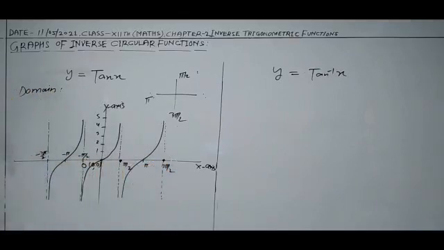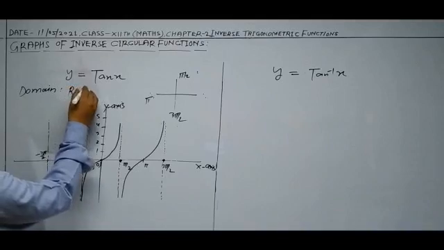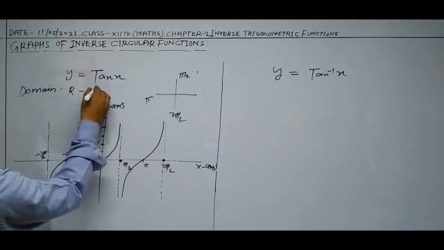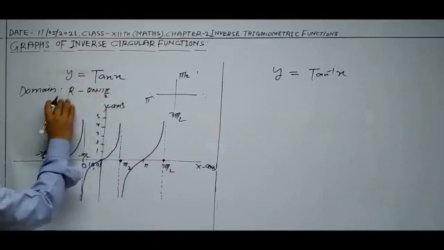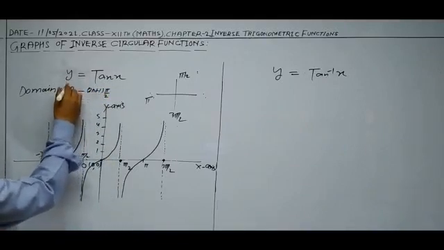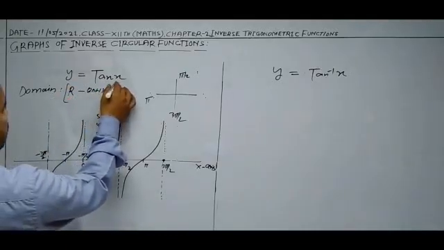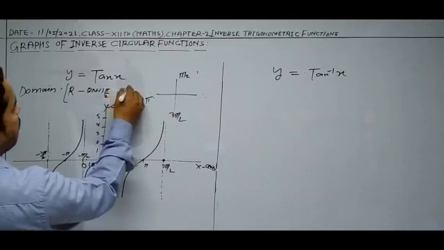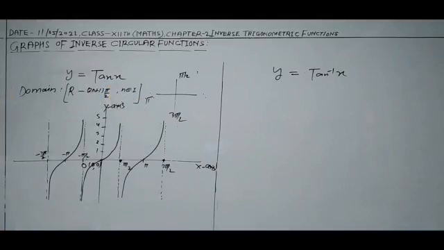So the domain is all real numbers except multiples of pi by 2, which we can formulate as all real numbers except the (2n plus 1) pi by 2th terms, for n belonging to integers.